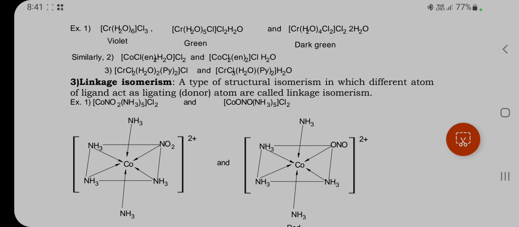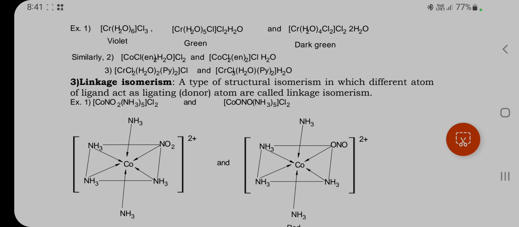Here you can see in the first example, the nitro group acts as the ligating atom. The nitrogen atom of the nitro group forms the coordination bond with the cobalt.